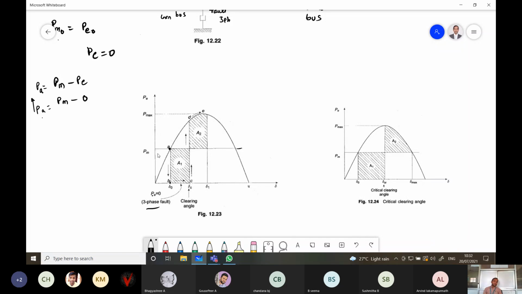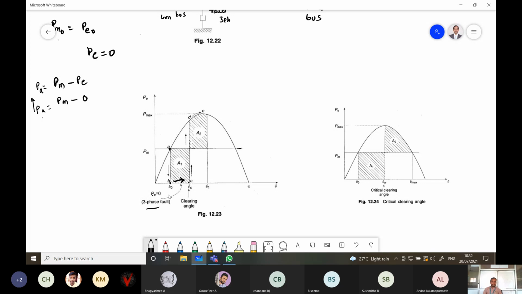Now the acceleration area begins to increase from delta naught to delta C. This rotor angle, that is the operating point, moves along BC. Initially, when the three-phase fault occurs, the point shifts from point A to point B. After that, because PE becomes 0, the accelerating power increases.